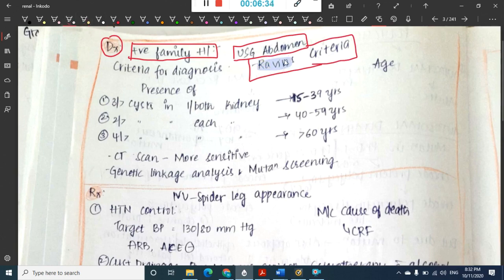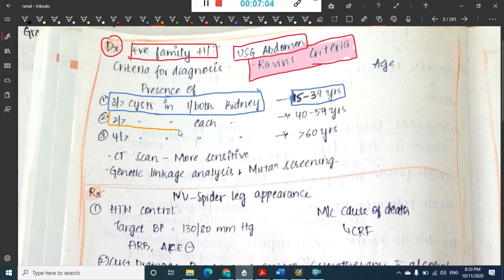If there are 3 or more cysts in one or both kidneys at the age of 15 to 39 years, then we can call it autosomal dominant polycystic kidney disease.